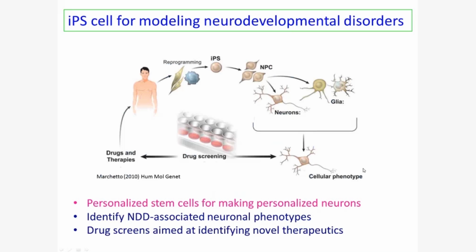And our primary aim is to study these neurons in order to identify specific cellular phenotypes, differences in the way that they function in comparison to neurons from unaffected controls, in order to learn more about these disorders. And eventually, we hope these phenotypes can serve as the foundation for drug screens aimed at identifying potential novel therapeutics.